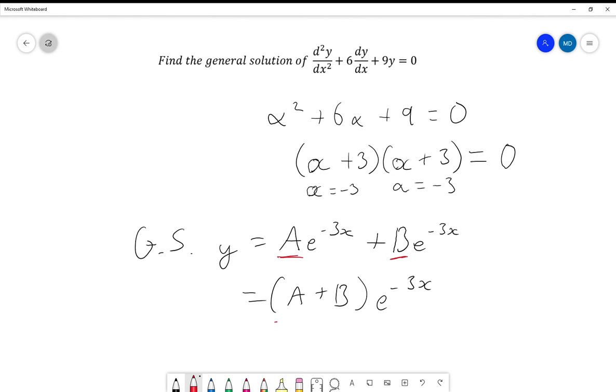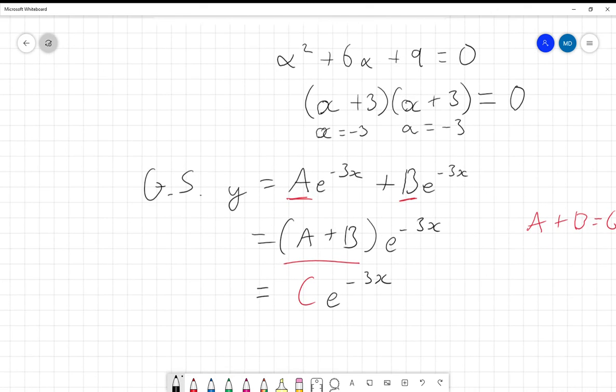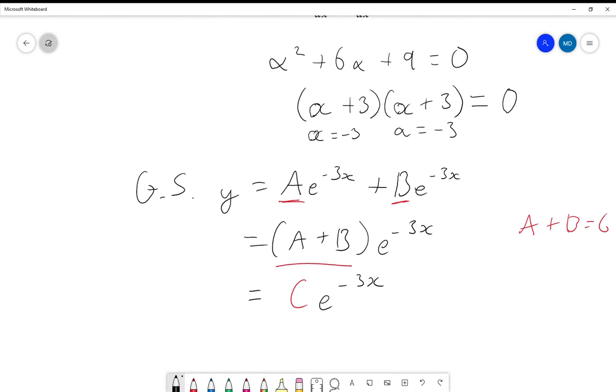Now if A is a constant and B is a constant, A plus B is just a constant. So I'll say A plus B equals C, and this is equal to C e to the minus 3x. This now has a single unknown, a single constant in our general solution.